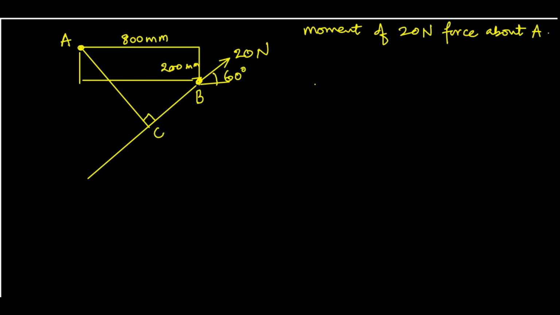So now your moment arm is AC. This is a right angle triangle.